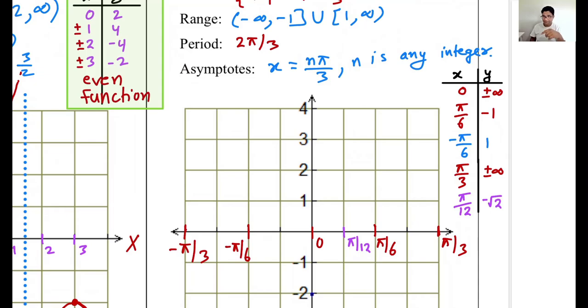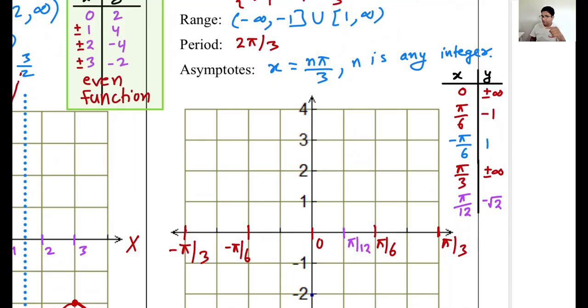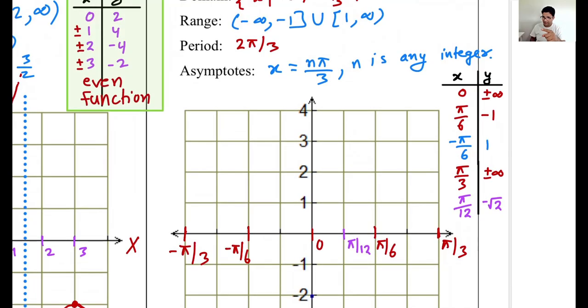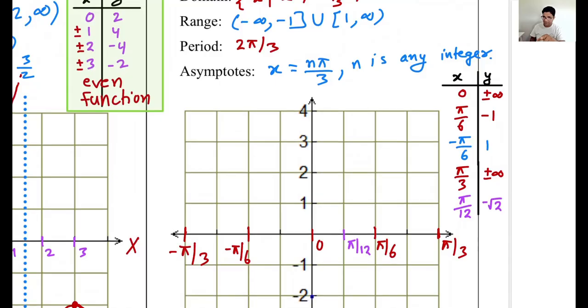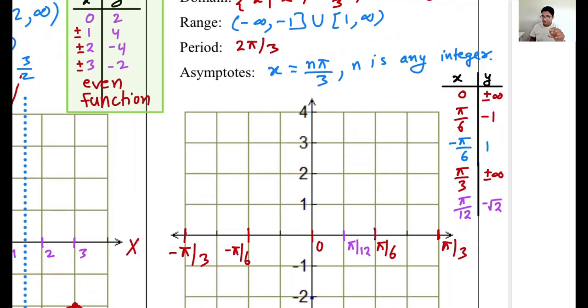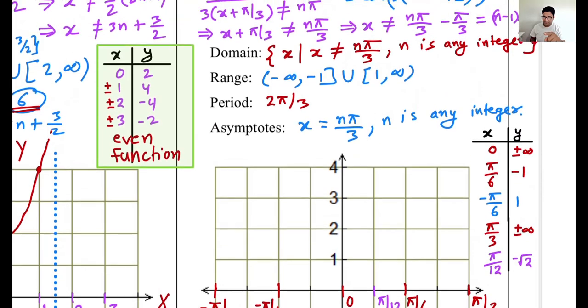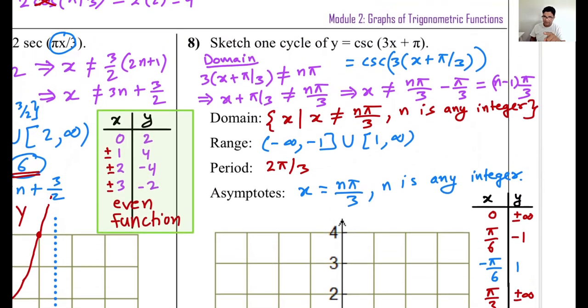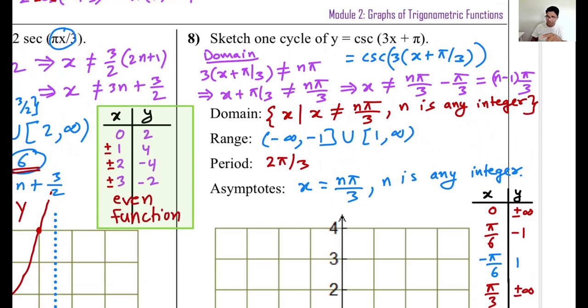On the top right, I evaluated the values of the function at these marked points. You can do that by plugging in the value of x in the equation. If you plug in 0, you get cosec of 0 plus pi, so basically cosec pi, which is the reciprocal of sine pi. Sine pi is 0, so cosec pi is undefined, plus or minus infinity.